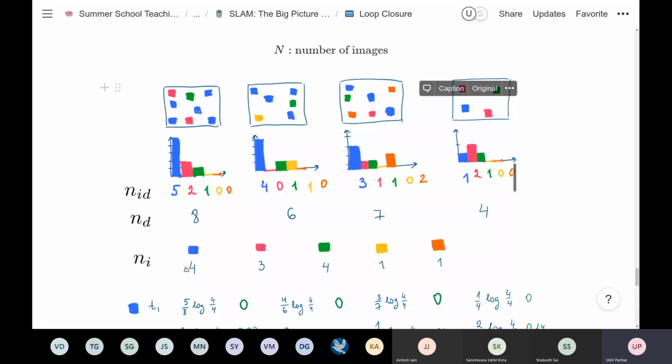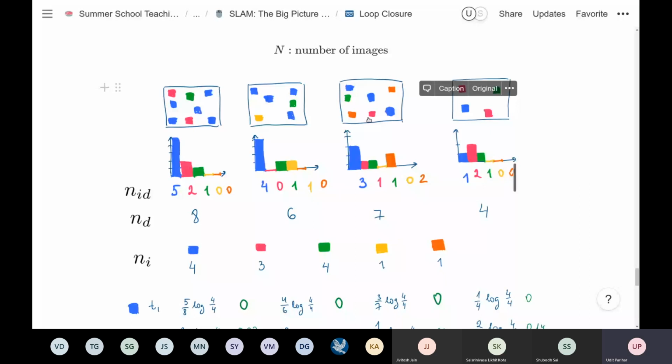And ni represents how many images contain that particular word. So the blue word is in all the images. The red word is only in 3 images. It is not in this image. Another word occurs in every image, one occurs in only this image, and orange occurs only in this image.